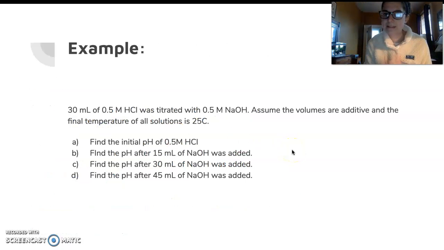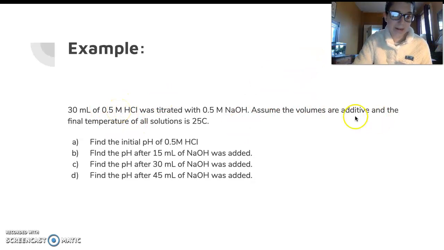So here we have an example of a problem you might see with regard to titration. If we have 30 mL of a 0.5 molar HCl solution that's titrated with 0.5 molar NaOH, so we have NaOH in the burette, and we have HCl in the flask as our analyte.